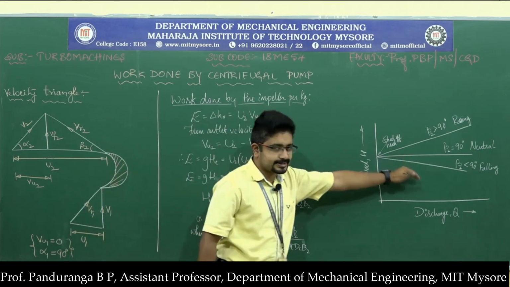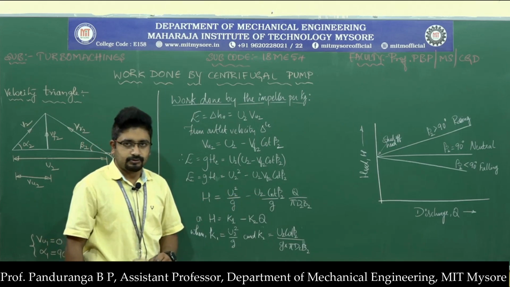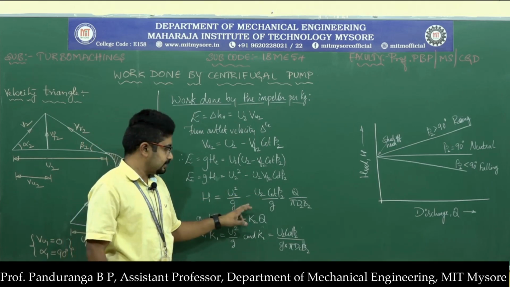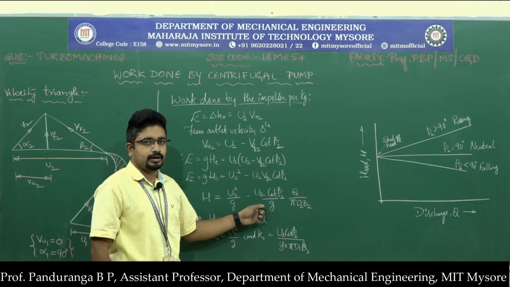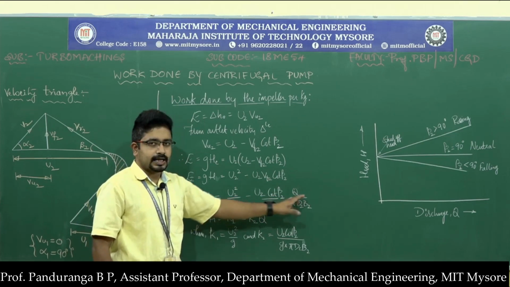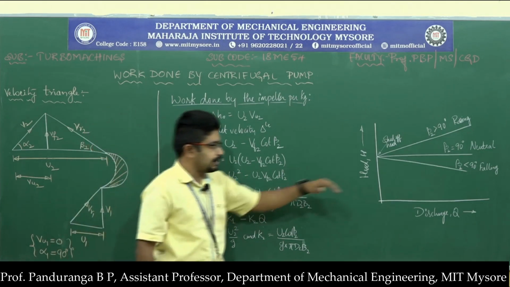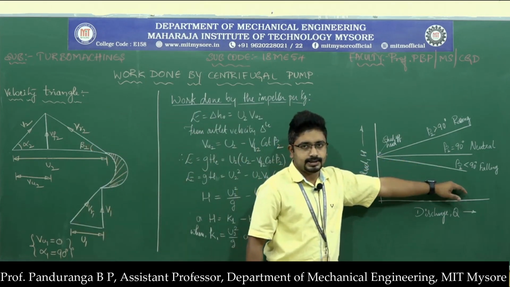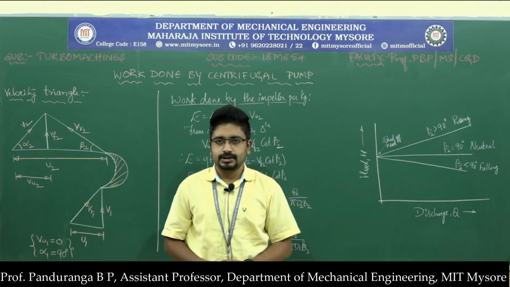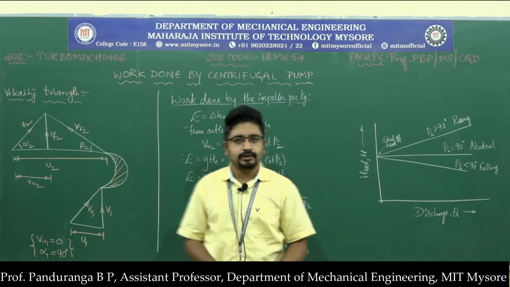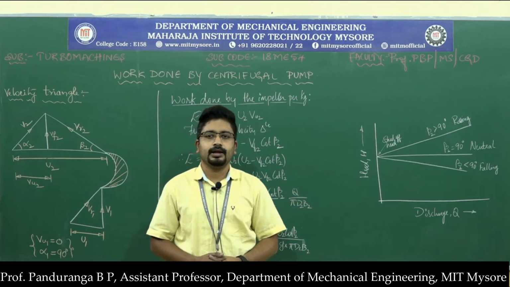If beta 2 is less than 90 degree, then cot beta 2 in this equation will be a positive value, and here we have minus. So as Q increases, the head keeps on reducing. So we have a falling head in this case when beta 2 is less than 90 degree. So this is the work done and the variation of head with respect to discharge for different cases of beta 2.